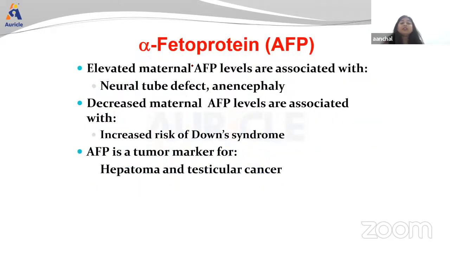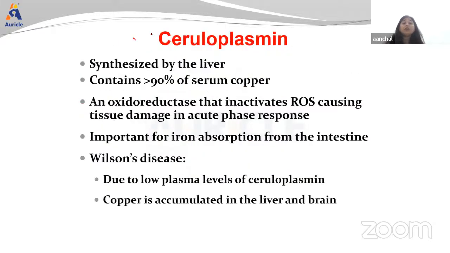Elevated maternal fetoprotein levels are associated with neural tube defect and anencephaly. Decreased maternal fetoprotein levels are associated with increased risk of Down syndrome, and it is a tumor marker for hepatoma and testicular cancer.